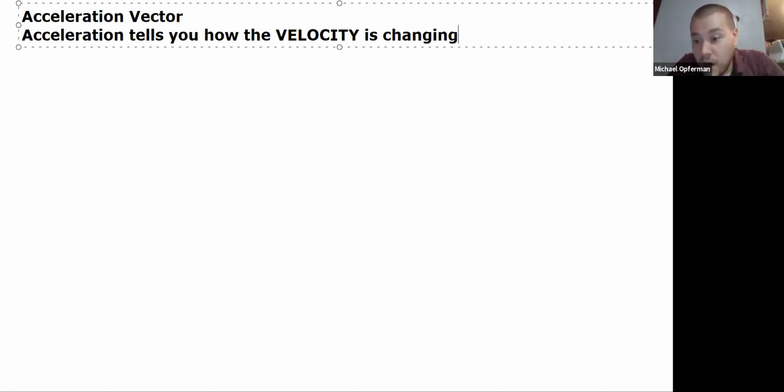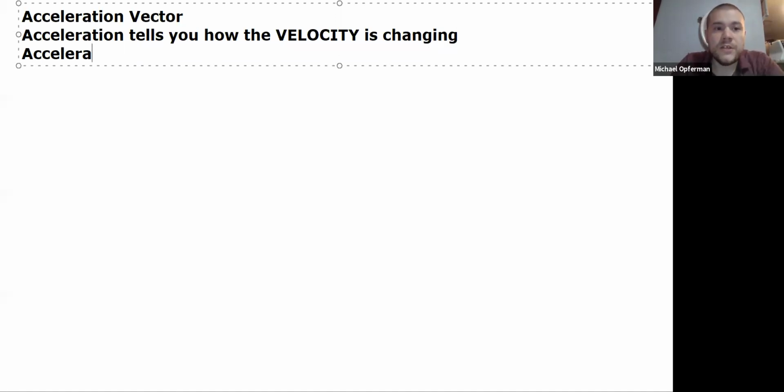Acceleration tells you how the velocity of an object is changing. That is actually a lot of information, because it needs to tell you whether the object is speeding up or slowing down and how much, and also how the direction of the velocity is changing over time. And remember, direction of the velocity is which way the object is moving. So the acceleration also needs to tell you about turning.